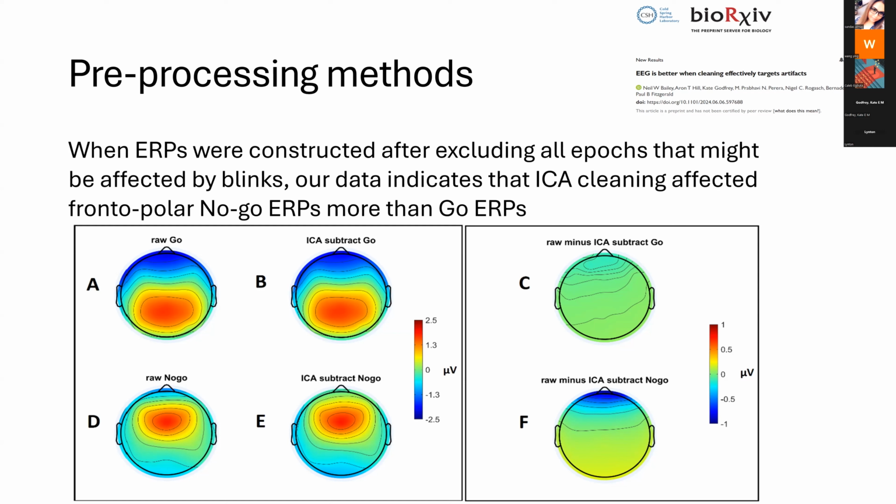And then the difference between the raw trial topography and the ICA topography. And you can see on the bottom right there that the difference between the raw and the ICA topography is showing up in the frontal electrodes more strongly in those no-go trials than it is for the go trials.